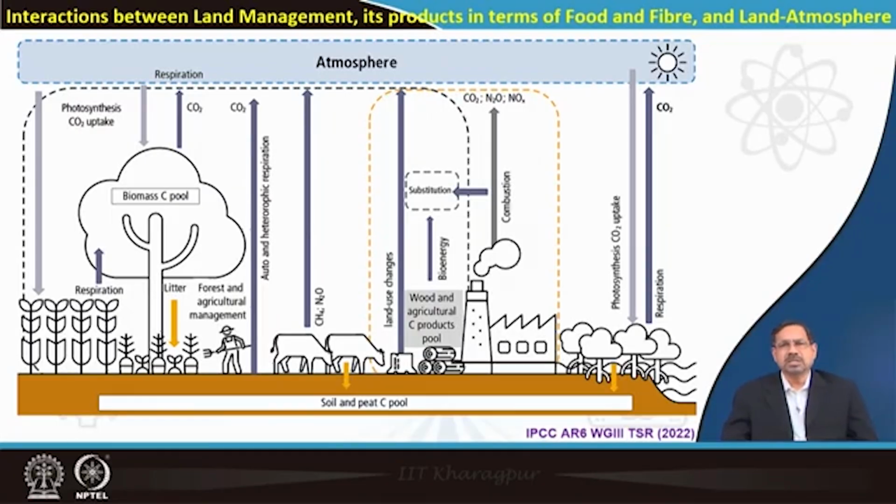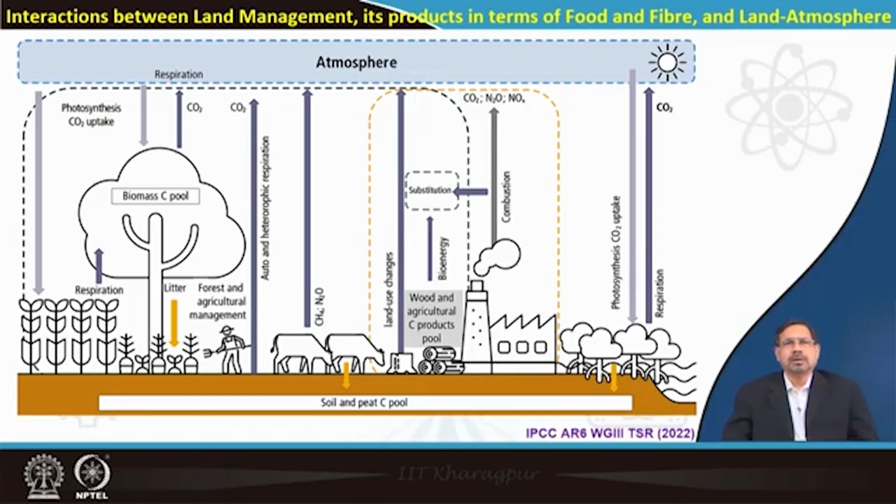And through this process, as I just mentioned, the plants they sequester carbon dioxide, and this carbon dioxide which is sequestered by the plants, it contributes towards various activities including the respiration. So, respiration is just the opposite process. It releases carbon dioxide from the plant material or animal material back to the atmosphere.